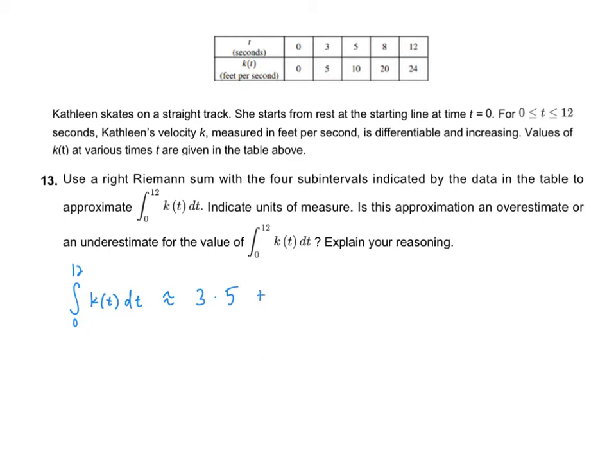So we'll add, okay, the next subinterval, the width is 2, and again we'll use the right-hand value, which is 10. The next one, the width is 3, and using the right one, we'll use 20. The last one, the width is 4, and it'll be times 24.